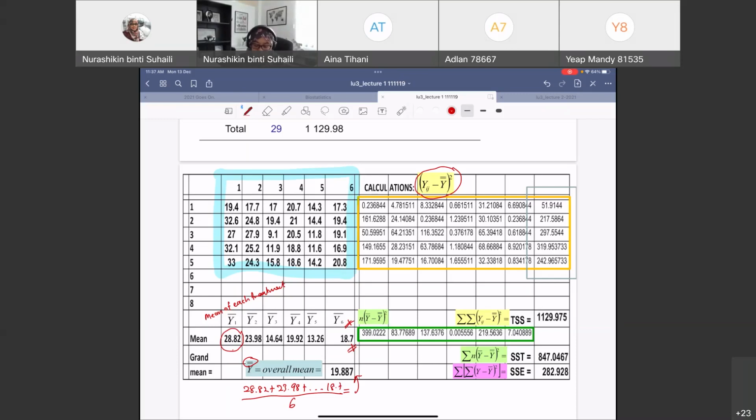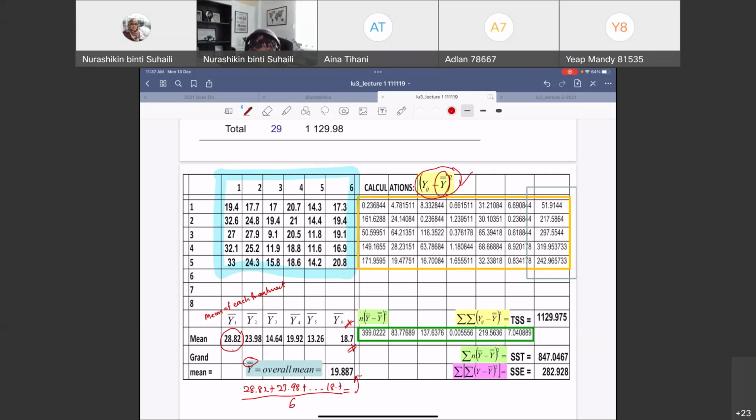Okay, now in order to solve this thing, you see here there is y double bar. You have calculated the overall mean, which is 19.887 in this problem. And if you see the term here, yij minus y double bar, the overall mean, and the whole thing is squared, isn't it?